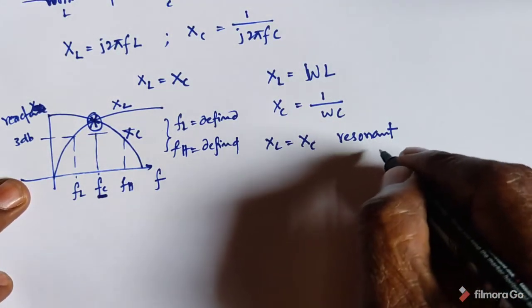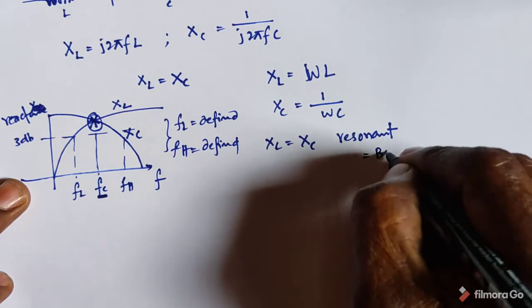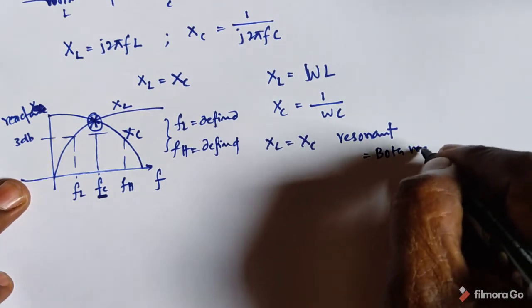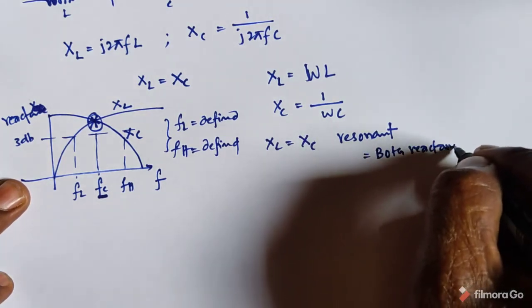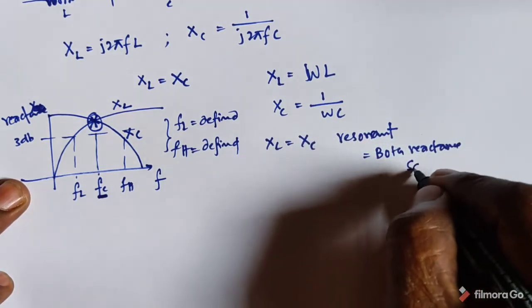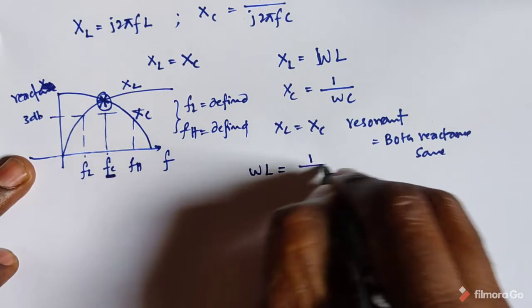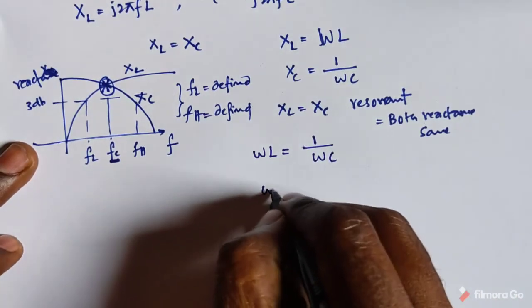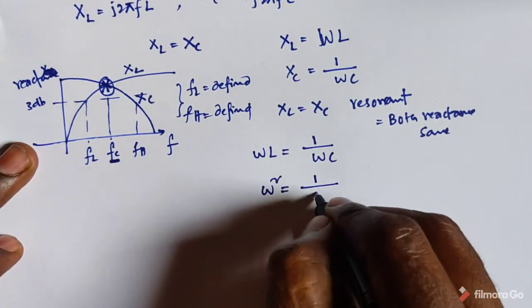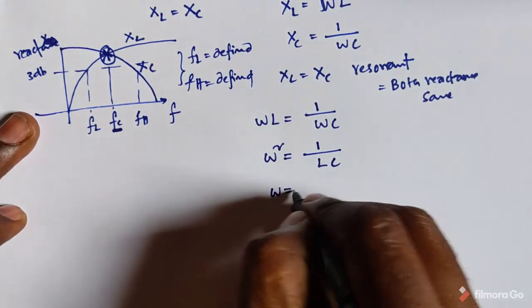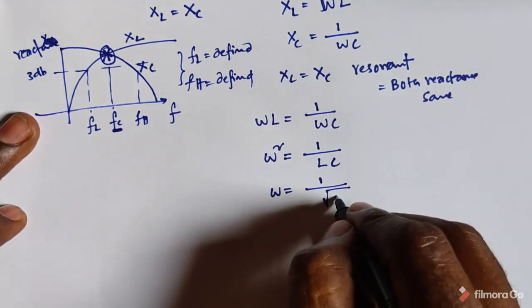Both reactances are the same. So you can take omega L is equal to 1 by omega C. Simply omega square is equal to 1 by LC, where omega is equal to 1 by root LC.